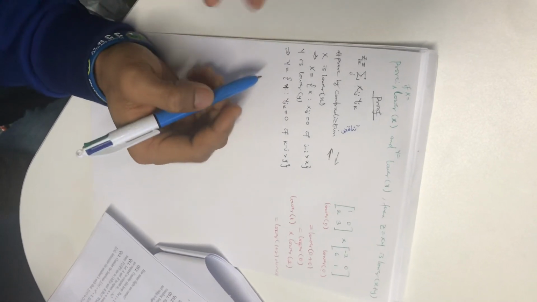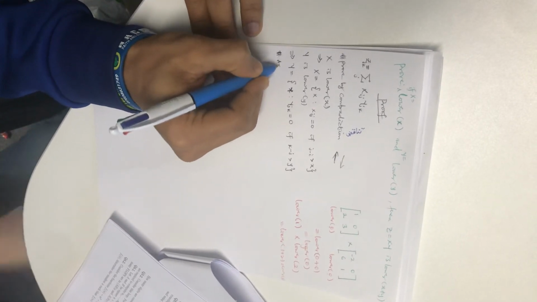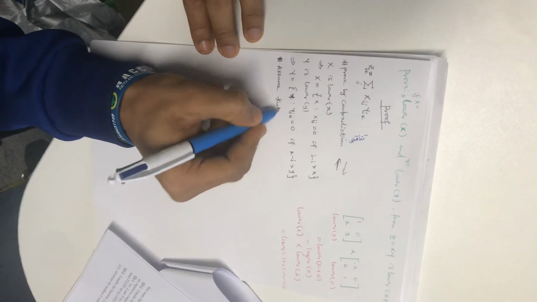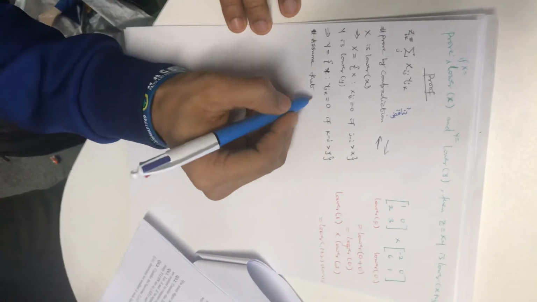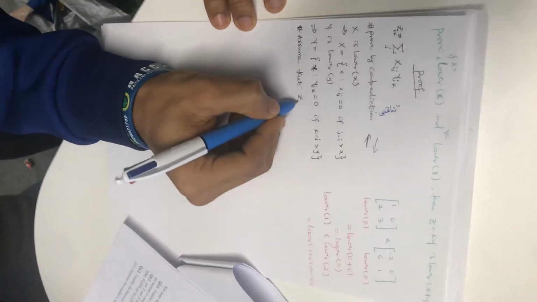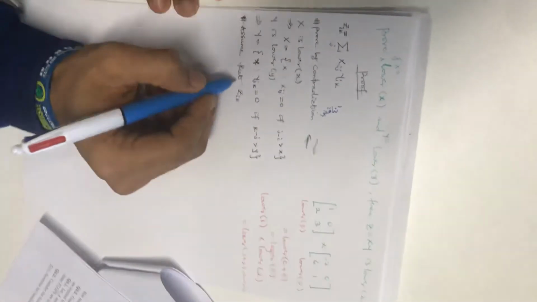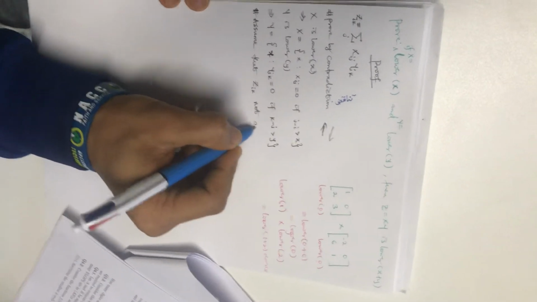So what I want to prove by contradiction, I want to assume that for z, you know, z is equal to x times y.